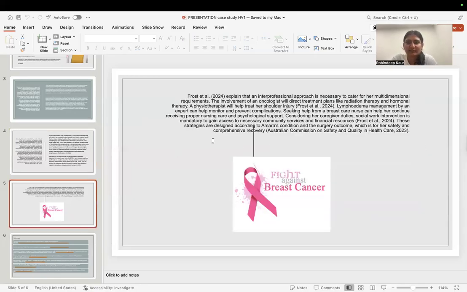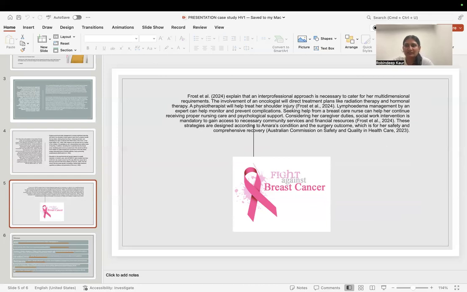Lastly, explaining that an interprofessional approach is necessary to cater for her multidimensional requirements. The involvement of an oncologist will direct treatment plans like radiotherapy and hormonal therapy. A physiotherapist will help treat her shoulder injury. Lymphedema management by an expert can help monitor and prevent complications.